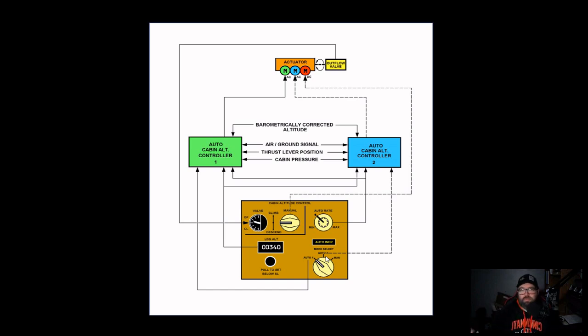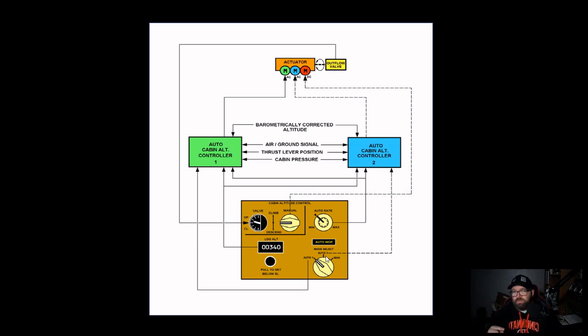Cabin pressure, that seems to be pretty self-explanatory. It takes the cabin pressure that we already have and determines what it needs to do to the actuator to keep us at that pressure. And then we've got the barometrically corrected altitude, which is really just doing the corrections to make sure that the controller is making these adjustments correctly.